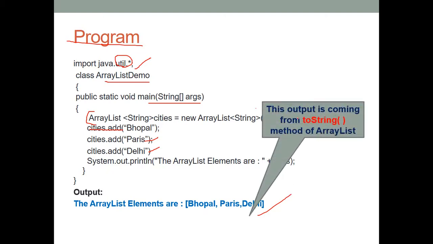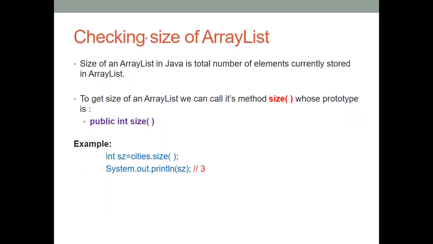This output is coming from the toString method of the ArrayList. Checking the size of the ArrayList: how can you check the size of an ArrayList? The size of the ArrayList in Java is the total number of elements currently stored in the ArrayList.